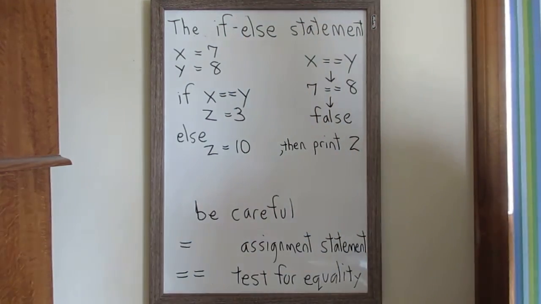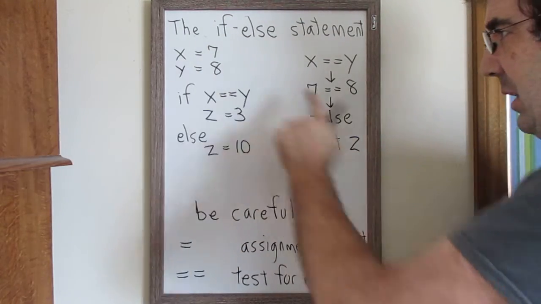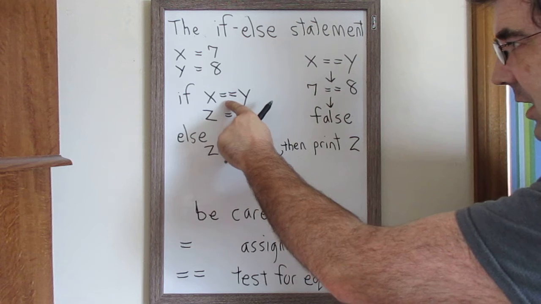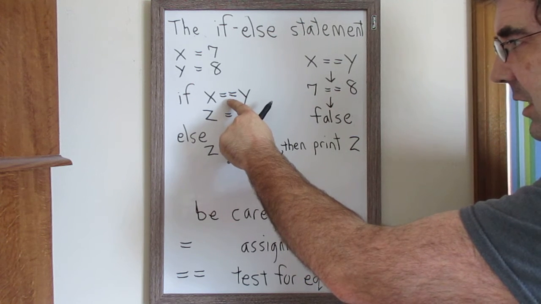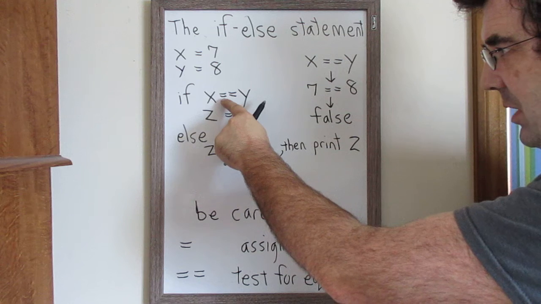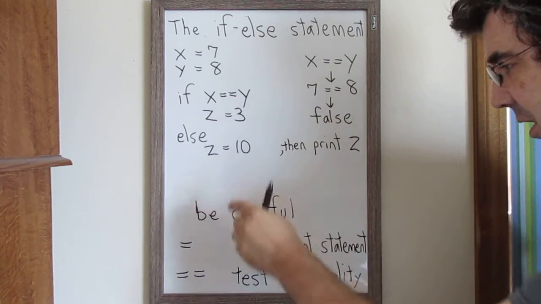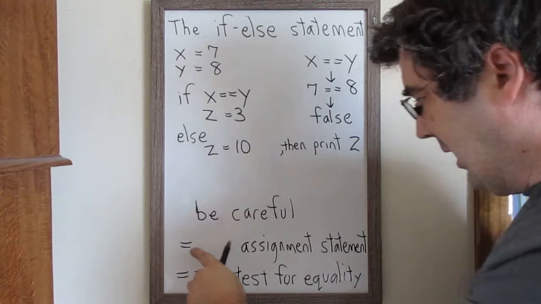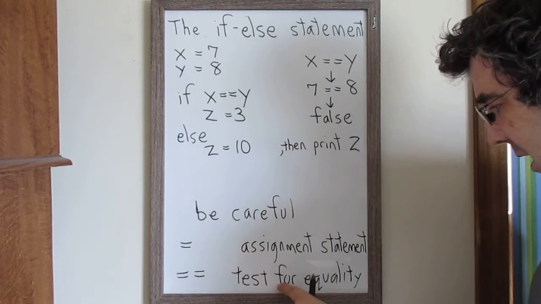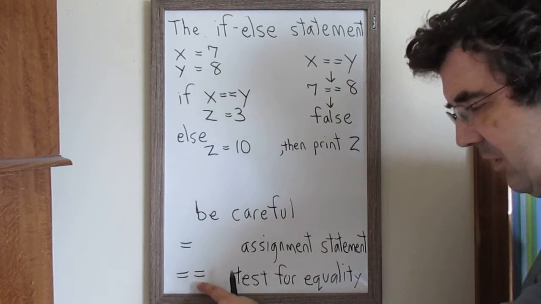Okay, so here I have x equals 7 and y equal 8. Now look at this, x equal y. This is not an assignment statement. It's two punctuation characters. You type in equal twice. Please be careful about the difference between an assignment statement where you type this once and the test for equality where you type the same punctuation character twice.